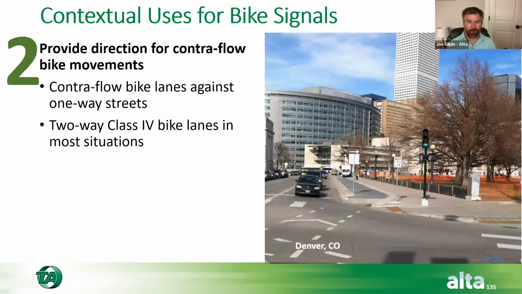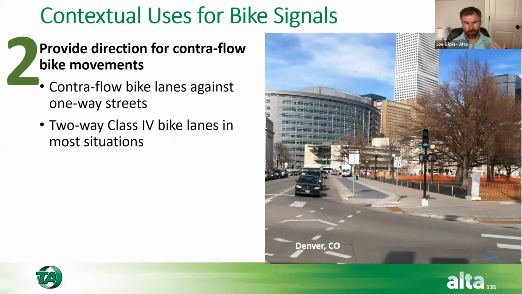Another use would be to provide bicyclist direction in a contraflow type movement. Here's an example from Denver, where this is a one-way street coming at you. There are 2 grids meeting each other at this location. That's the city building there in the back.